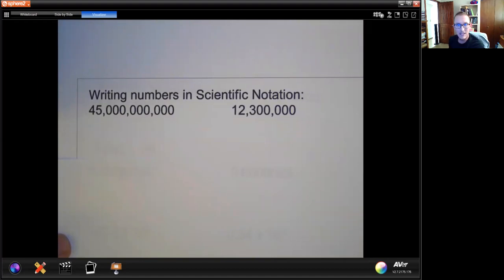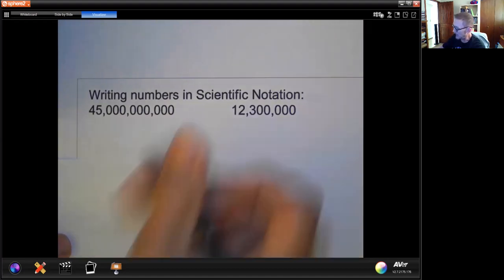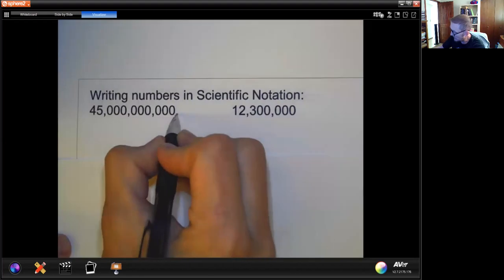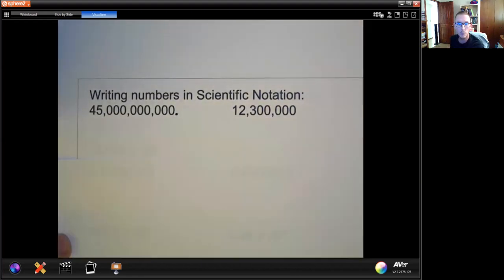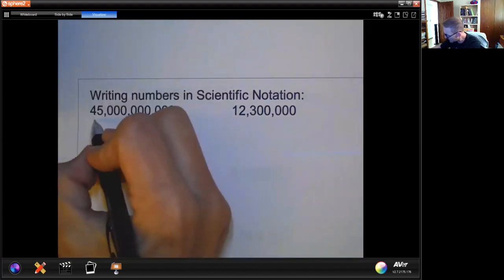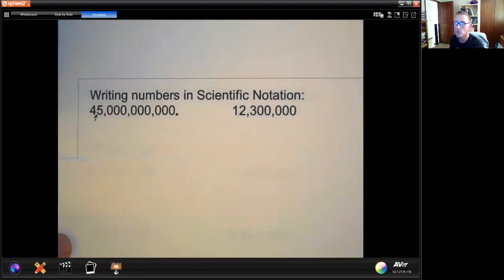Well, to be in scientific notation, I need to take the decimal point. And in this number, the decimal point starts at the end. And I need to move it all the way to in between the 4 and the 5. That's going to give me a number that's larger than 1, but less than 10. It's going to be 4.5.